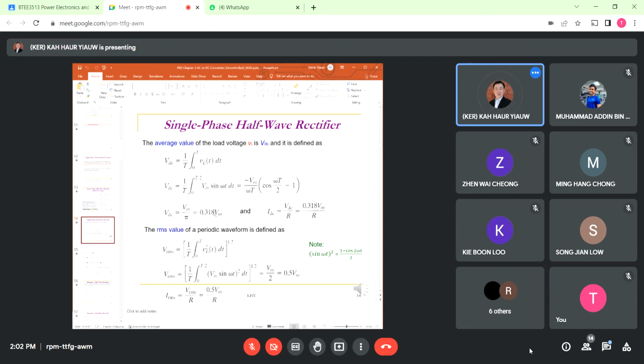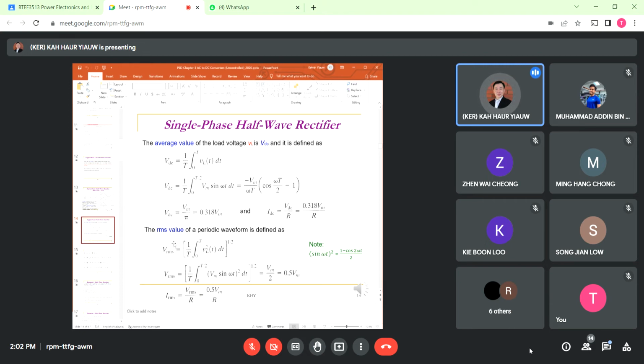So if this is a resistive load, you can also see that your IDC is in fact just equal to the voltage over the resistor R, VDC over R. That will give you the IDC. All right. Now, the IRMS value, we also have the same thing.